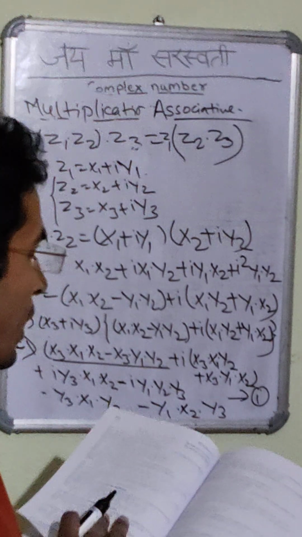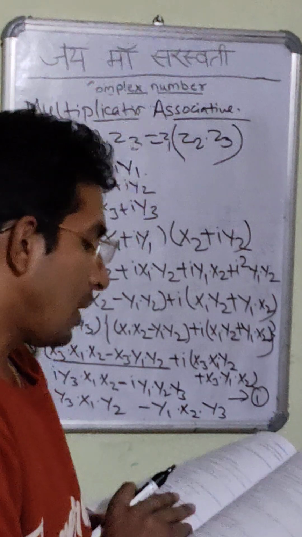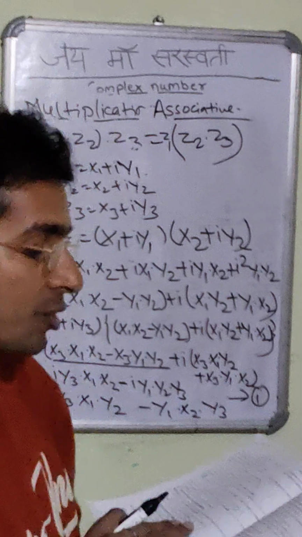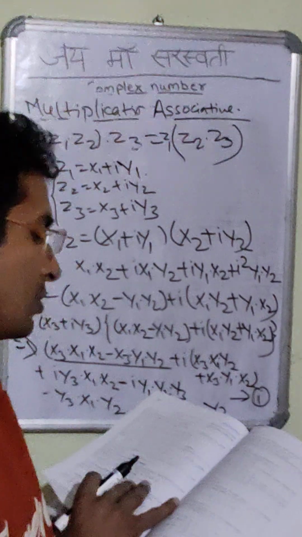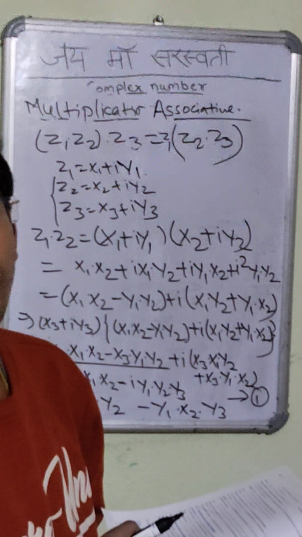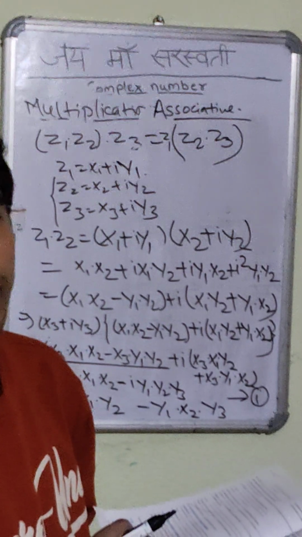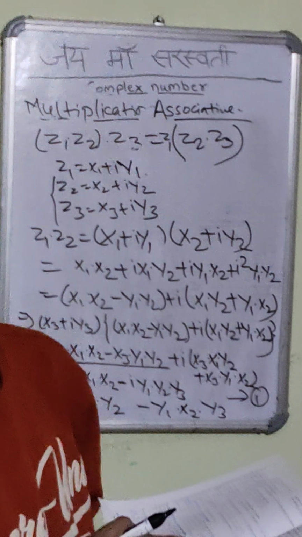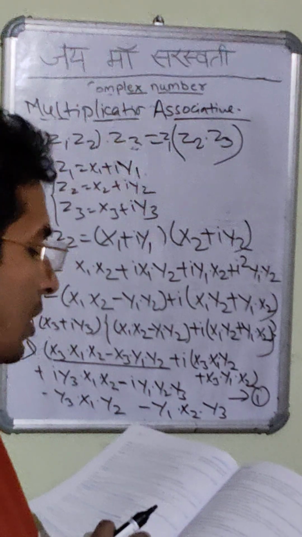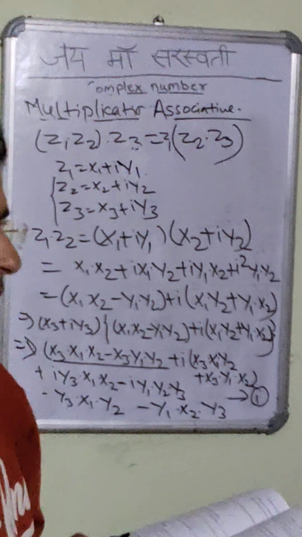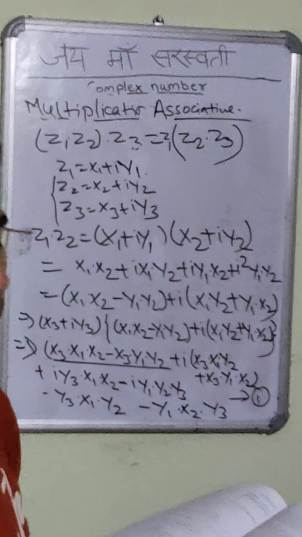Now, moving ahead, we will see that there is an identity element for multiplication. Suppose we take a complex number in the form Z is equal to A plus iB, and we multiply that complex number with 1, and we will see what the result is. That is basically the identity element for multiplication.